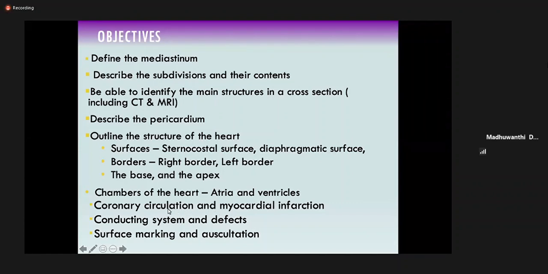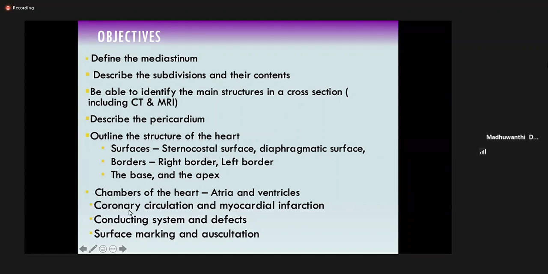Then some more concepts about the heart. Now this heart is a muscular organ, and it should have a very good arterial circulation and a venous drainage. So you have to learn about the coronary circulation, because one of the most important clinical conditions, myocardial infarction, or in layman's terms, heart attack, is due to problems in this coronary circulation.